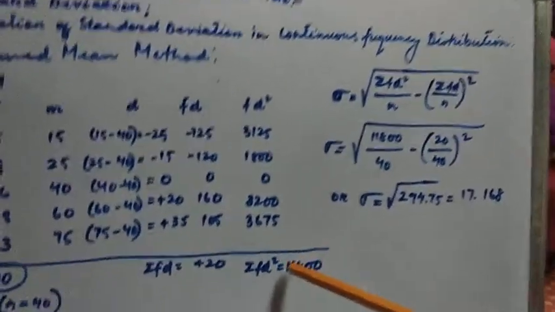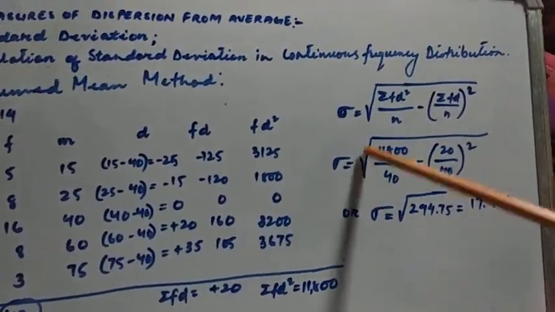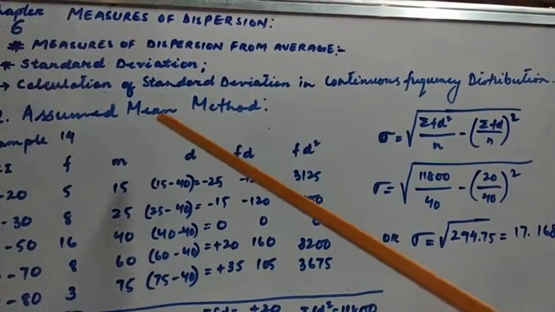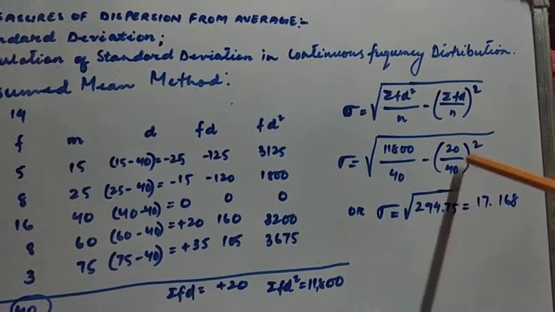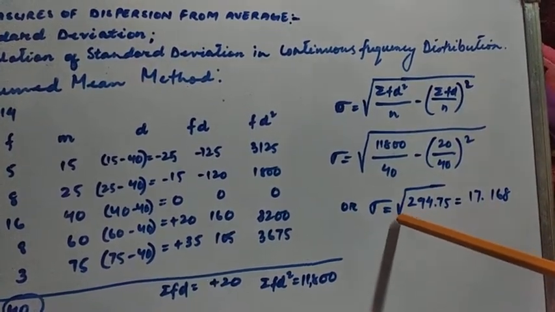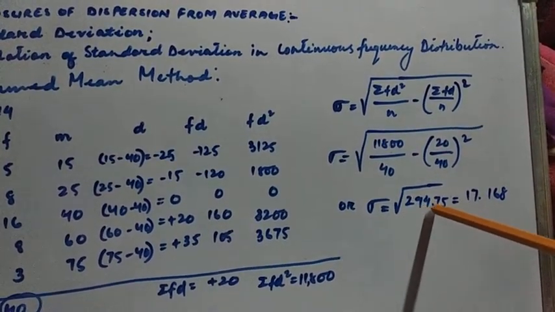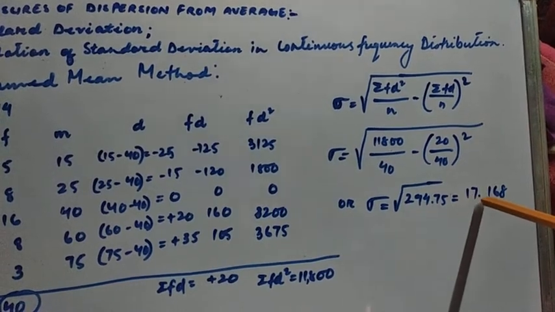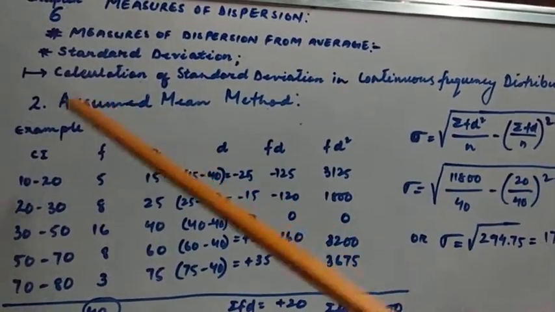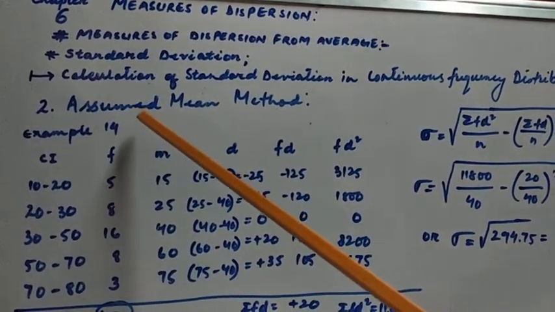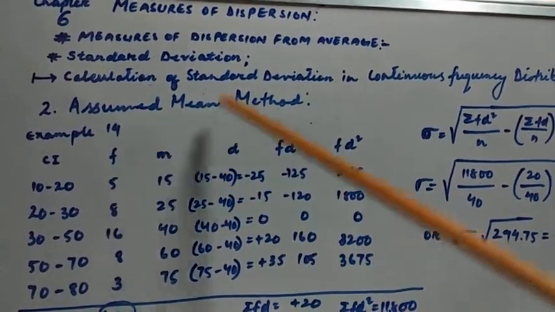So you substitute these values into the formula. The formula for the assumed mean method is given here. You substitute these values and you get the square root of 294.75, which is equal to 17.168, the same answer as the direct or actual mean method.